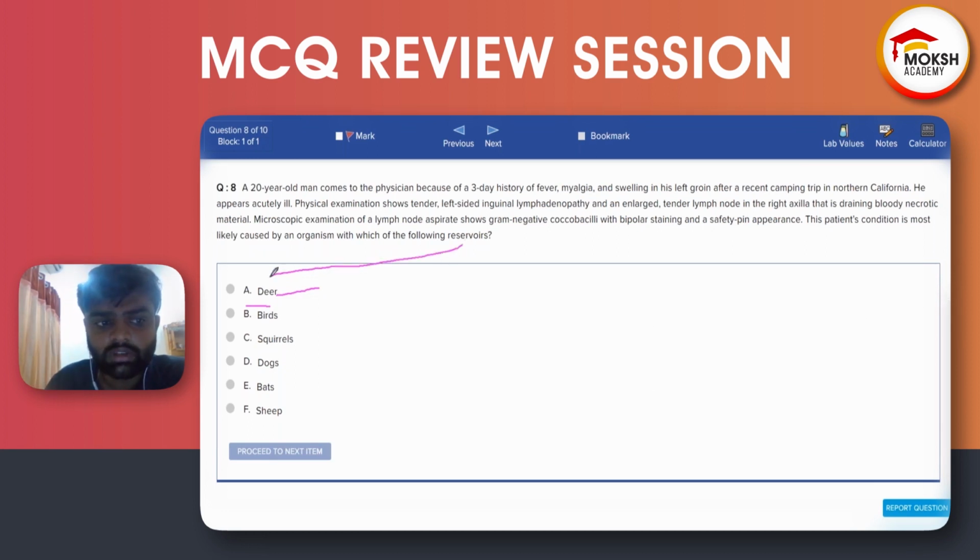Deer reservoir or deer ticks? Anyone? The ticks that are also called deer ticks, in the Connecticut area, Borrelia burgdorferi, causing Lyme disease.